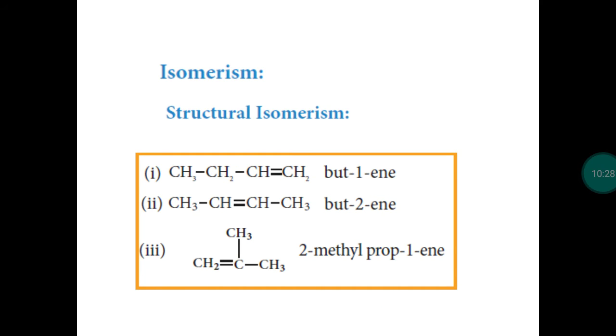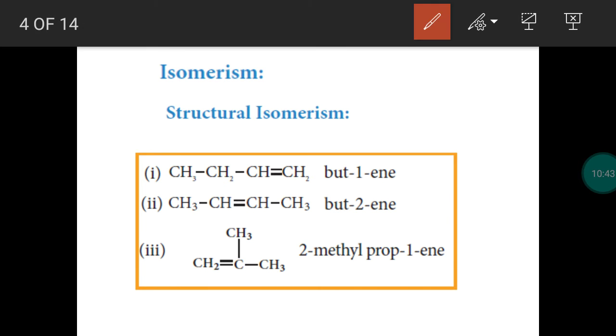Next, isomerism. As we studied in the 11th lesson, there are two types of isomerism: structural isomerism and stereoisomerism. Alkenes exhibit both structural isomerism and stereoisomerism. Take the examples but-1-ene and but-2-ene. These two are called positional isomers, and the property is known as positional isomerism.